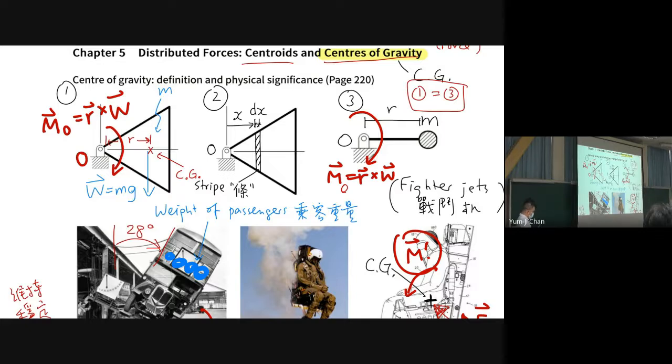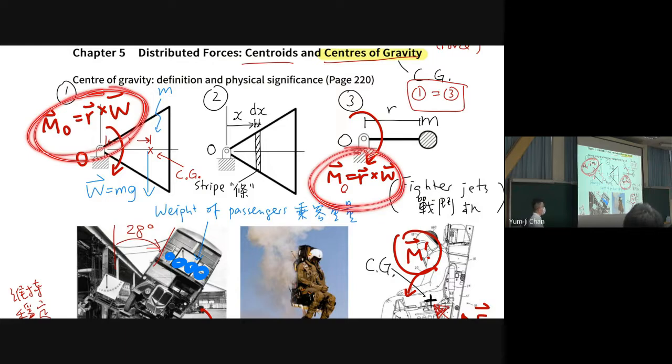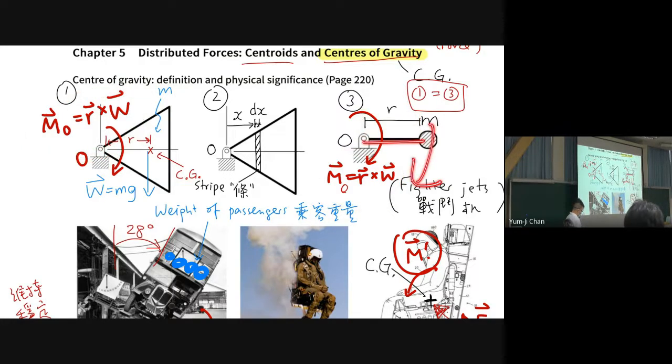We talk about equivalent moments here: if we can find the value of R such that this moment is equal to the moment of the triangle about O, then we know the center of gravity is here.